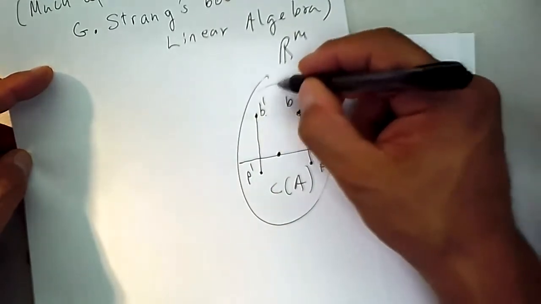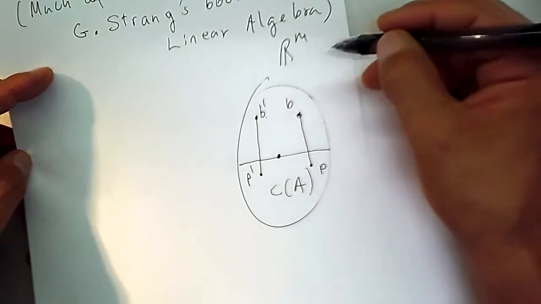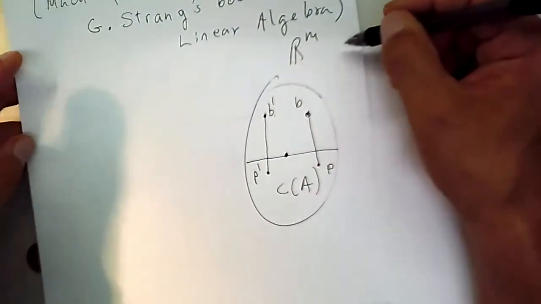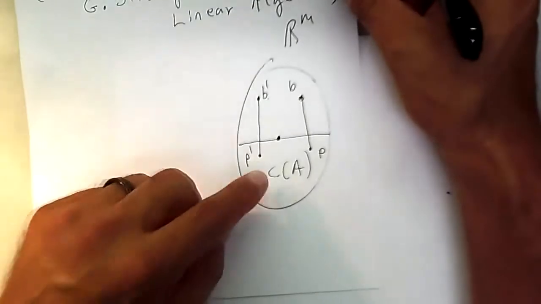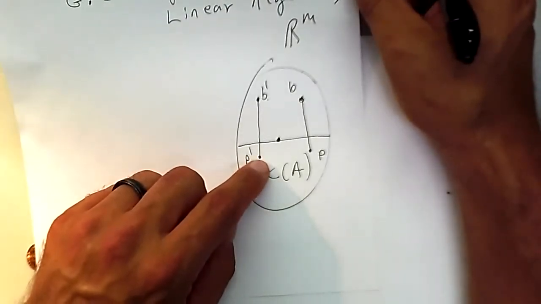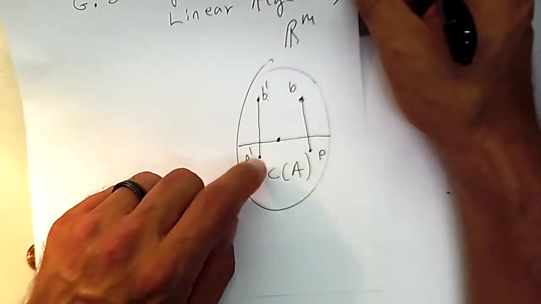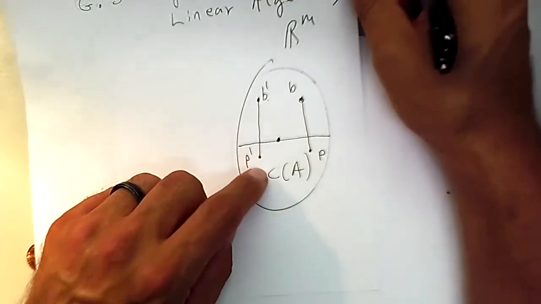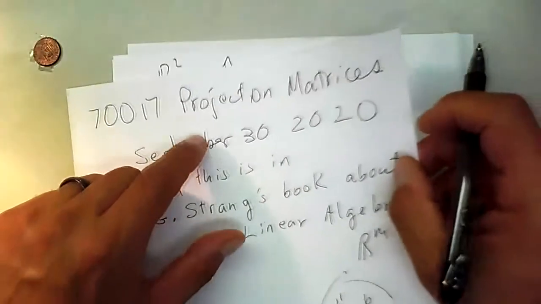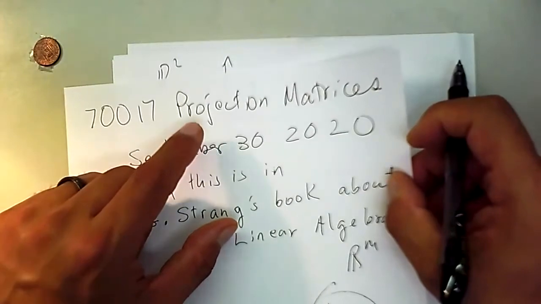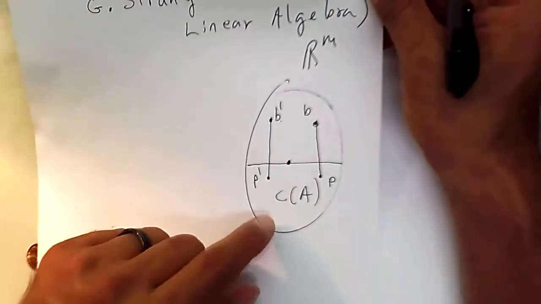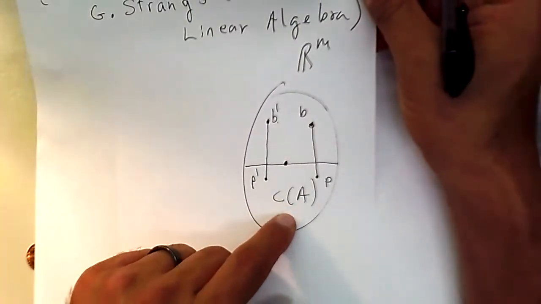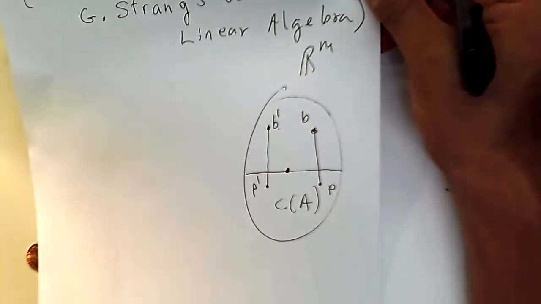And then we can have a third b, a fourth b, a fifth b. We can have many b's. So an efficient way to mass produce those projections is to find the projection matrix corresponding to this subspace of R^m.